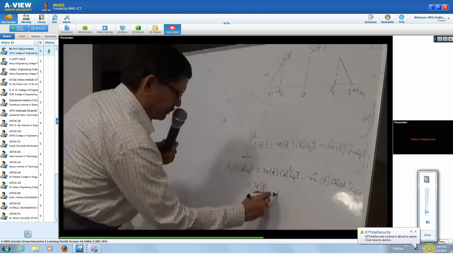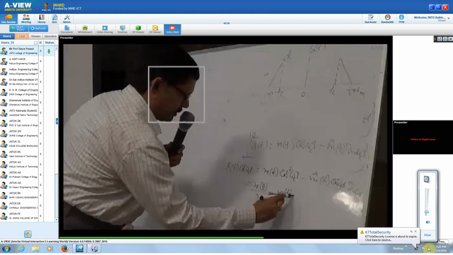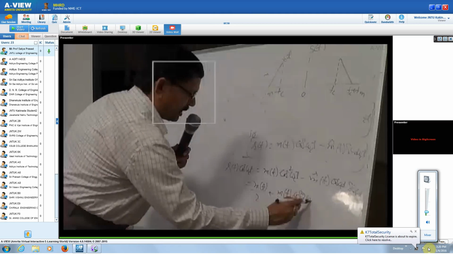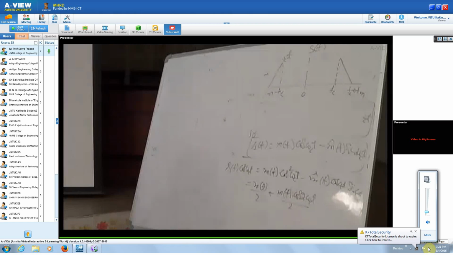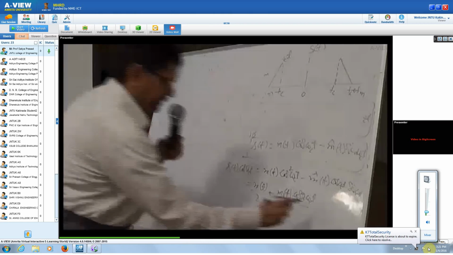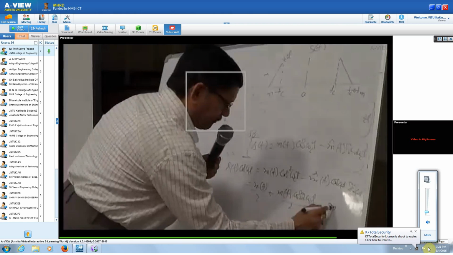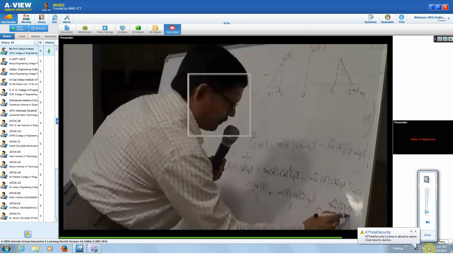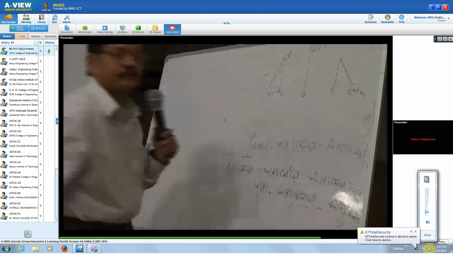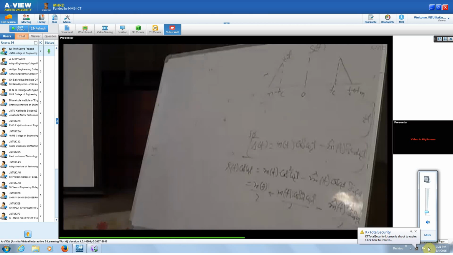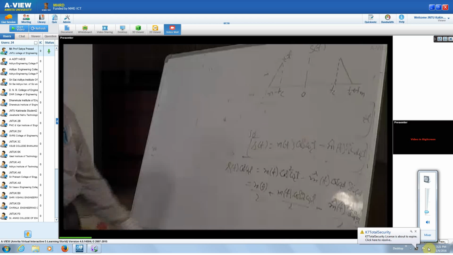plus m of t into cos 2 omega ct by 2 minus m hat of t sin 2 omega ct by 2. This is our required signal.